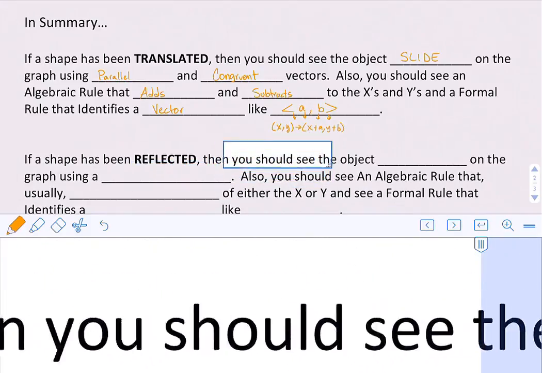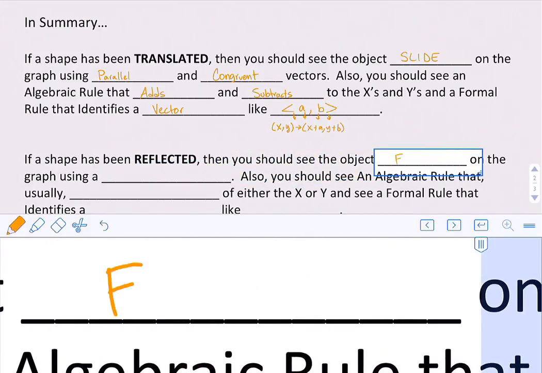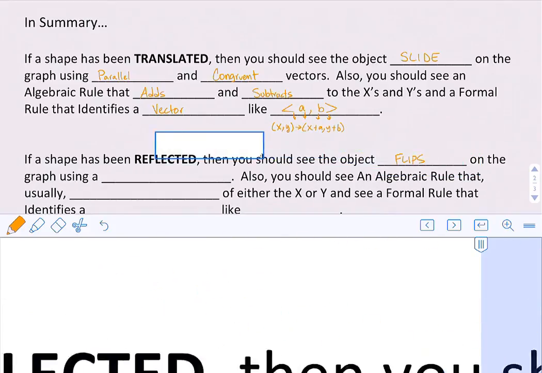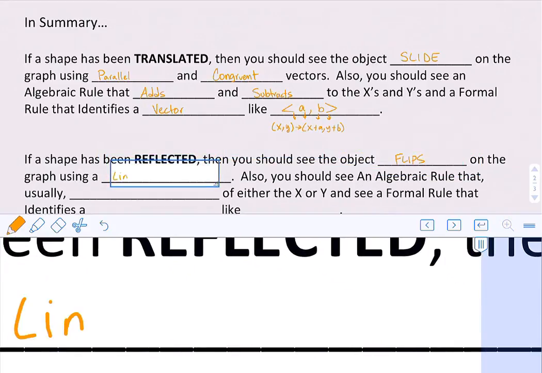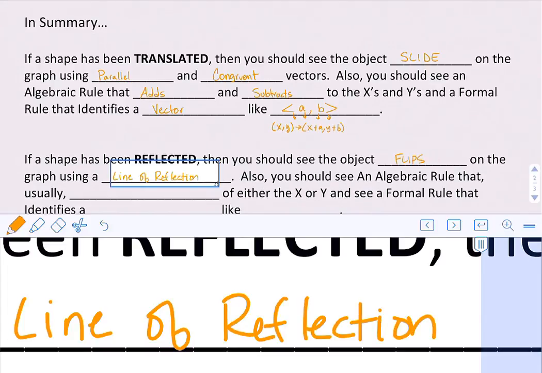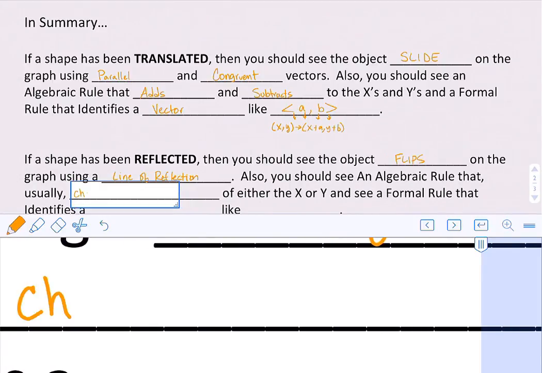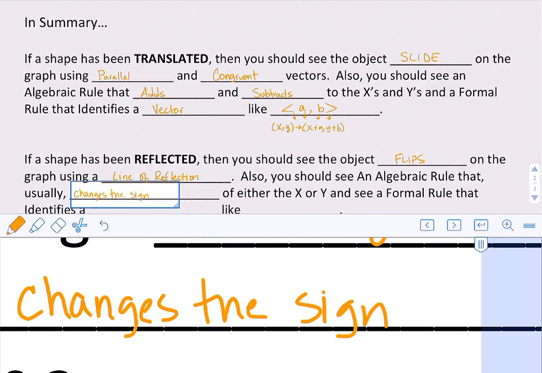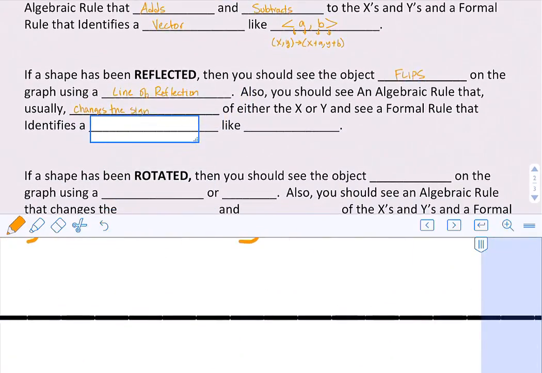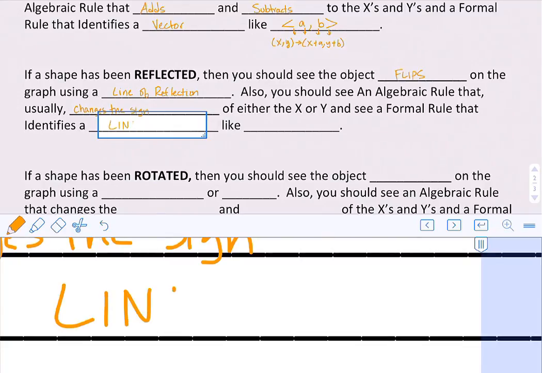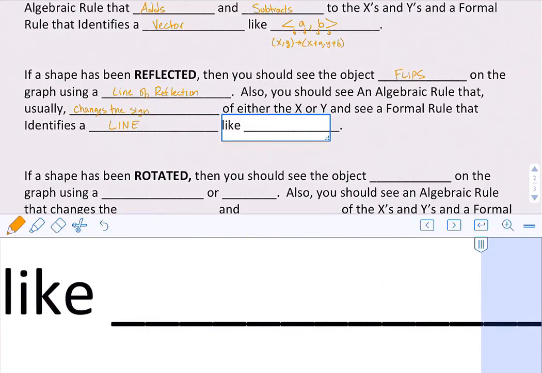If a shape has been reflected, then you should see the object flip on the graph using a line of symmetry or line of reflection, but the important part being a line. Also, you should see an algebraic rule that usually changes the sign of either x or y, and a formal rule that identifies a line like y equals 4, x equals 3, x-axis, or y-axis.